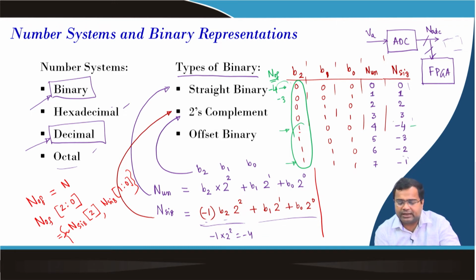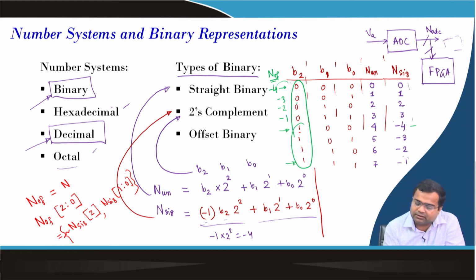Then you will get the next digit 001, which will be -3. Then the next will be 010, which will be -2. Then it will be 011, which will be -1.